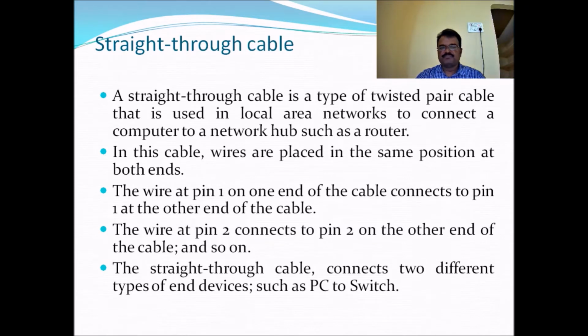The wire at pin 1 on one end of the cable connects to pin 1 at the other end of the cable. The wire at pin 2 connects to pin 2 on the other end, and so on. A straight through cable connects two different types of end devices such as PC to switch, PC to router, or PC to some other device.